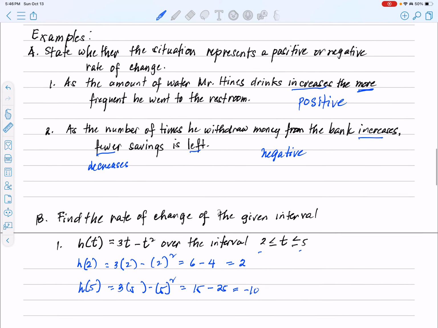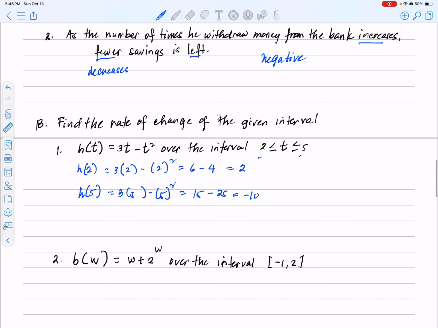In other words, I could use h of 5 minus h of 2 over b, which is 5, minus 2, because this will be a and this will be b.